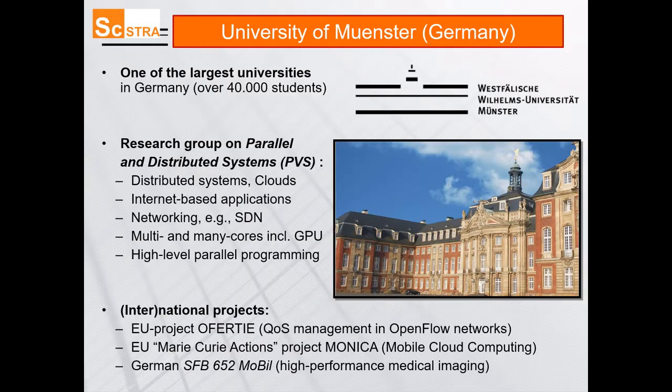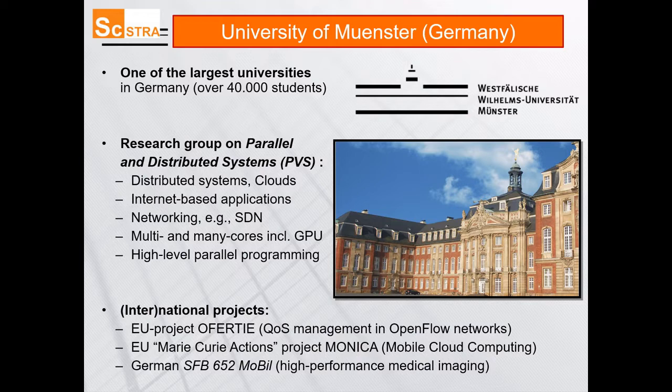So first of all, about our university. It's one of the biggest universities in Germany, in the city of Muenster, and my research group does research on parallel and distributed systems, including distributed systems and clouds, internet-based applications, networking, multi and many core systems, and high-level parallel programming.